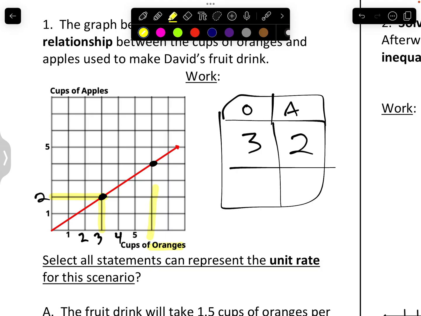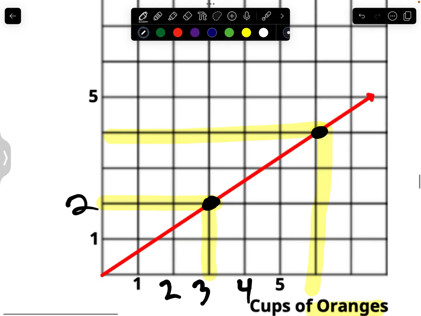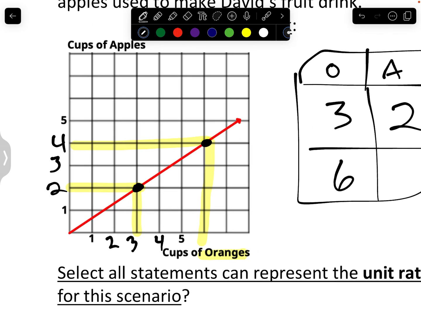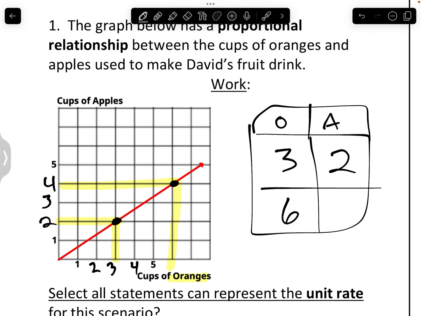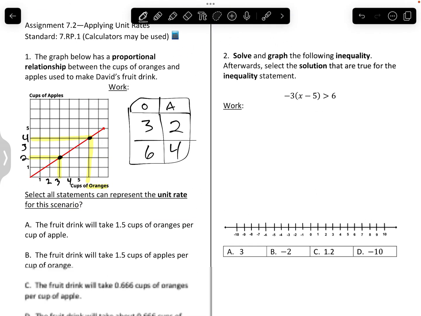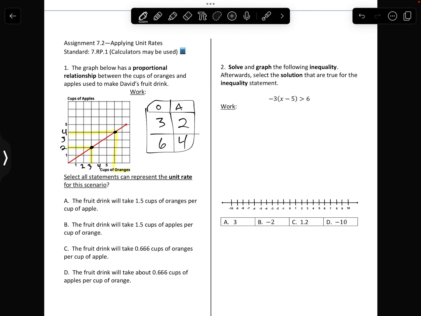Which if I go over here, after 5 is 6. And then we have to assume that it's counting by ones, right? So this one's 6 oranges to 4 apples. And then remember, there's 2 unit rates that you need to create on your own to get me my answers on the bottom. All right, see you guys.